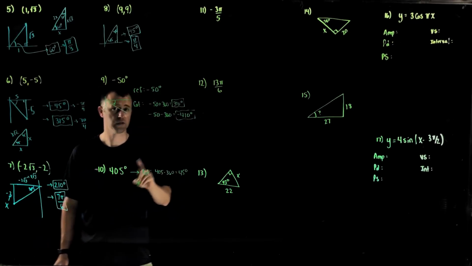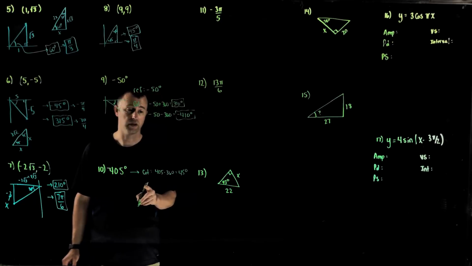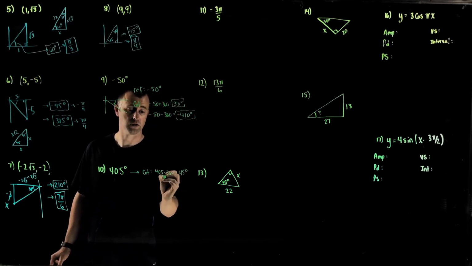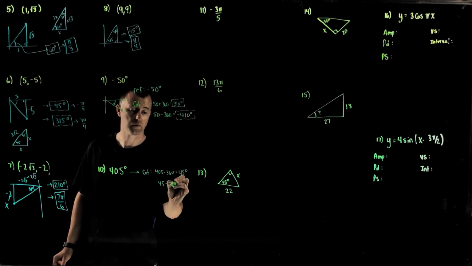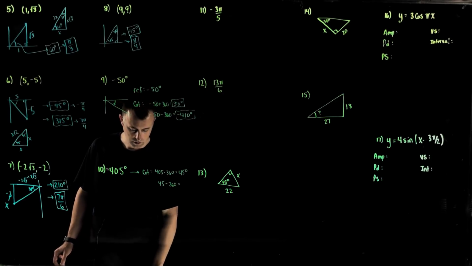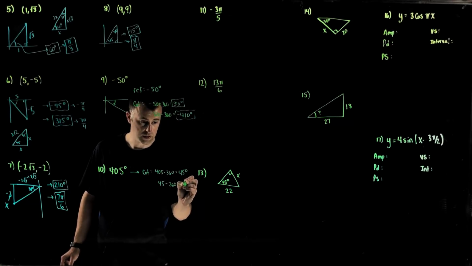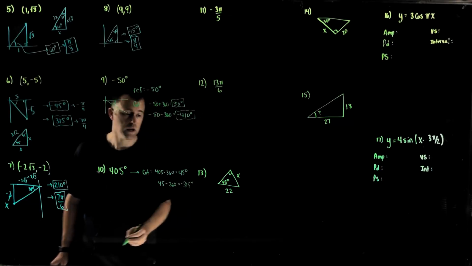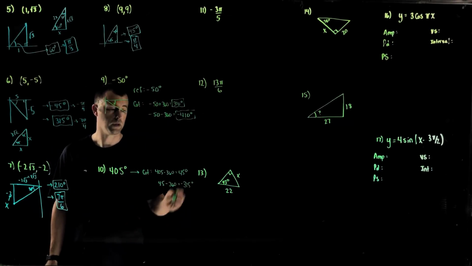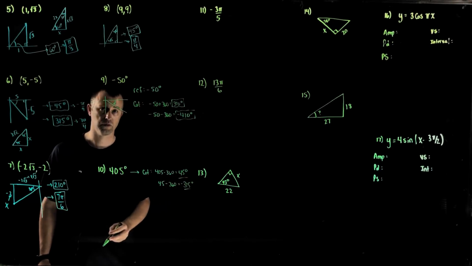Now they said they want a positive and a negative coterminal angle. Well, this one's still positive. So I'm going to subtract 360 one more time, because that's going to give me a negative angle, and I want a negative angle. So that's going to be negative 315. I should know that already, though. So those are your coterminal angles. You have 45 and negative 315.